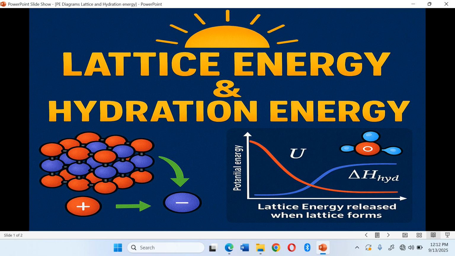In the preceding sessions, we shall also continue to look at different potential energies using different thermochemical equations to determine some enthalpy changes that we don't know, using the potential energy diagrams, using the Born-Haber cycles, and using thermochemical equations. So we shall be looking at all the three methods, but in this particular session, I'll be taking you through the relationship between the lattice energy and hydration energy, as we also look at some other enthalpy changes.